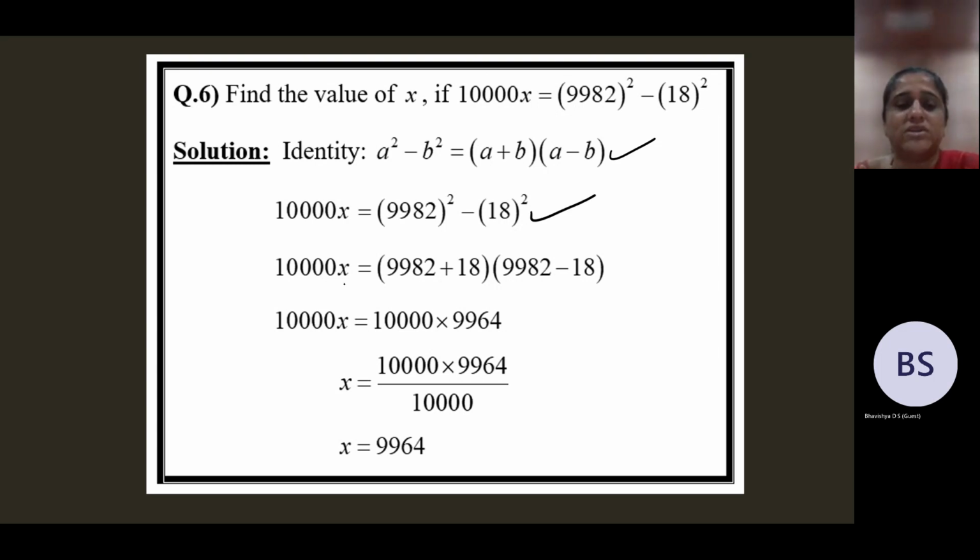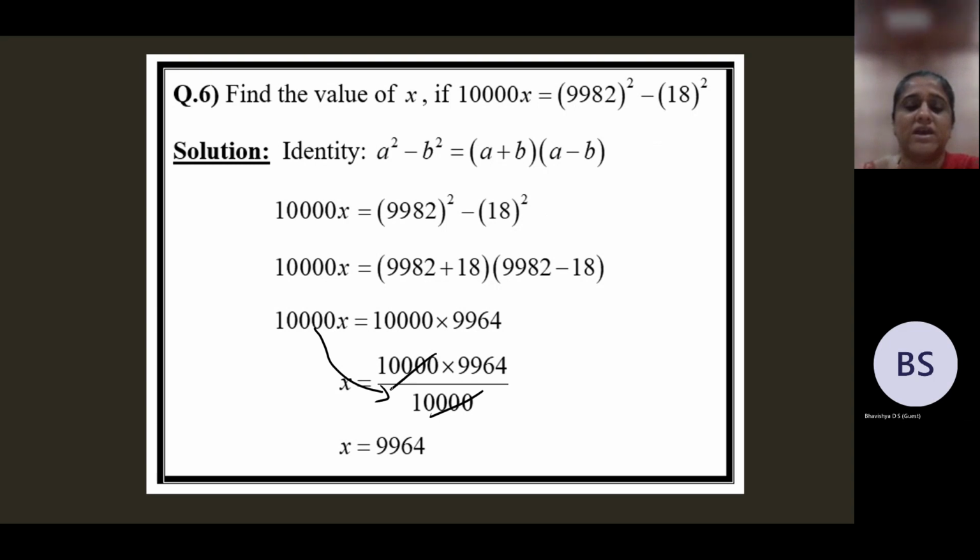Now 10,000x is equal to, this is a square minus b square. So as you said, a plus b into a minus b. Now 10,000x is equal to, when you add this, you get 10,000, and when you subtract this, you get 9,964. So x is equal to, write this as it is. This 10,000 will come down to the other side for division.